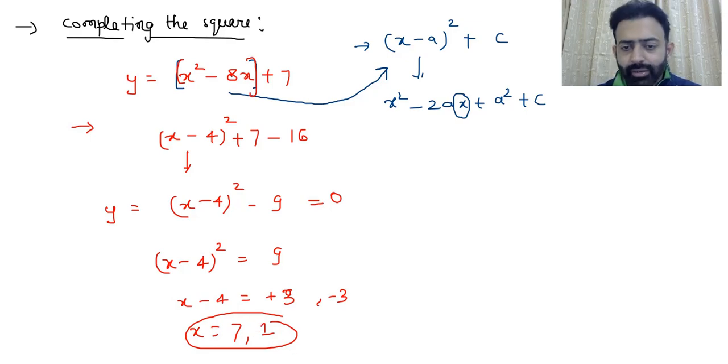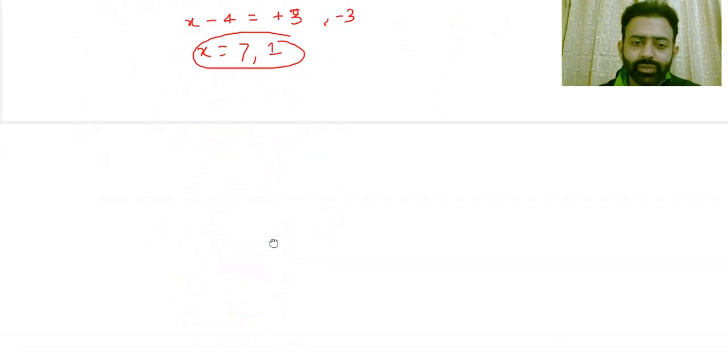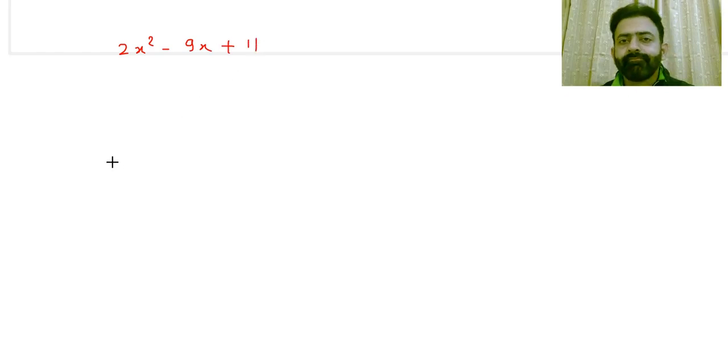So again, let us take another example to understand completing the square. Now I am taking any random expression. Let us take 2x square minus 9x plus 11. Just any random one. I don't know whether I will get beautiful or integer numbers, but nevertheless.